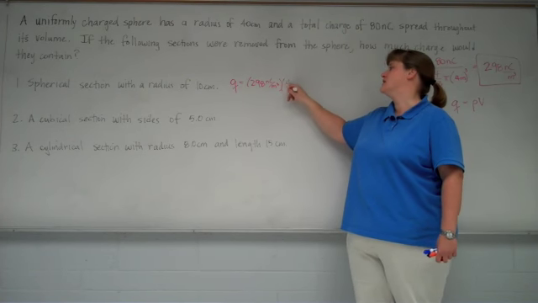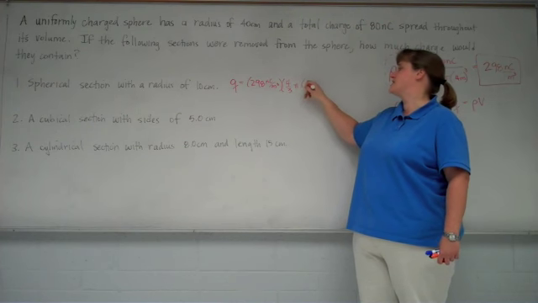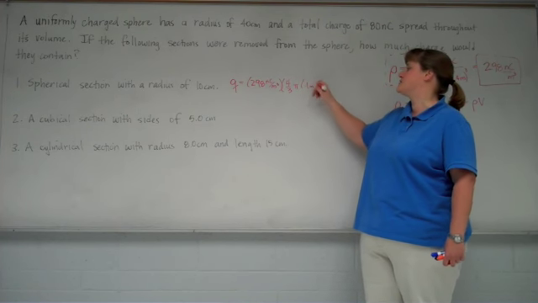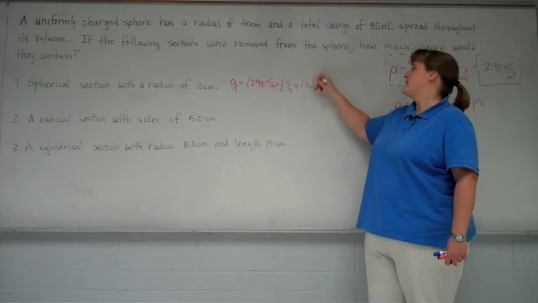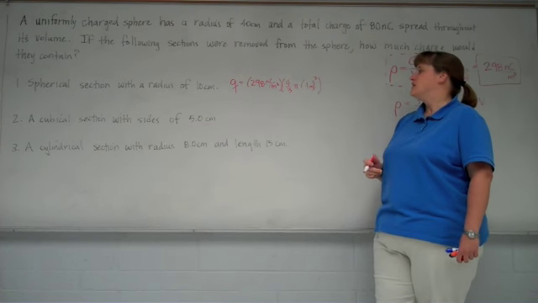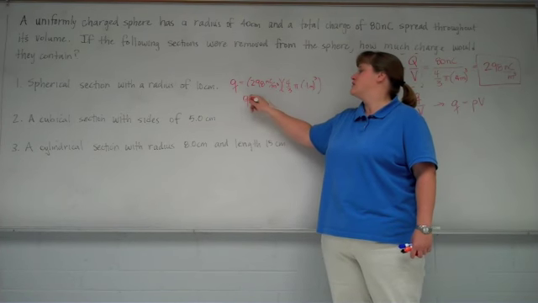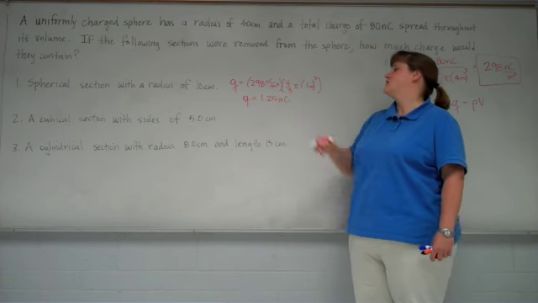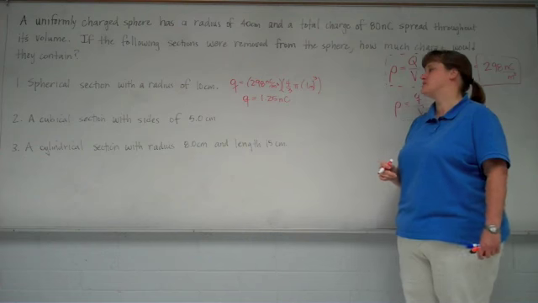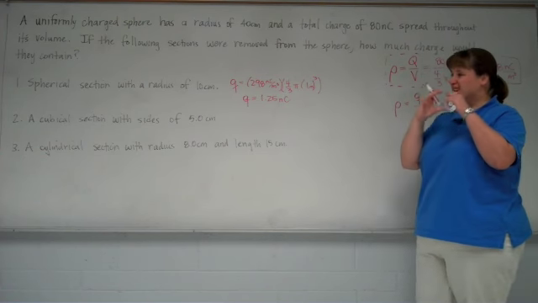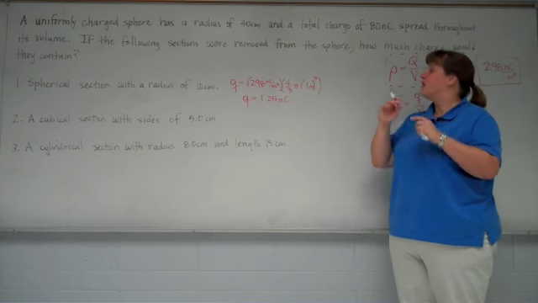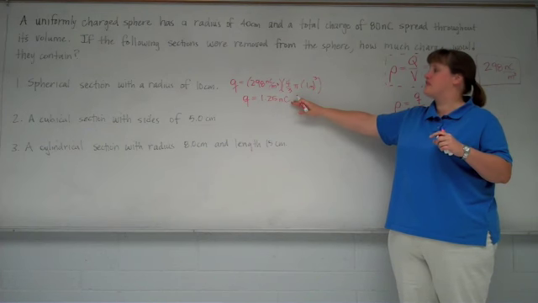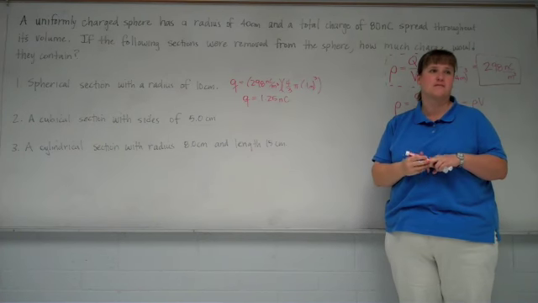Since it's a sphere, 4/3 pi, the radius is 10 centimeters, so 0.1 meter, that needs to be cubed. So plugging that through, we get 1.25 nanocoulombs. So that little spherical section only has 1.25 of the total 80 nanocoulombs on it. Okay?